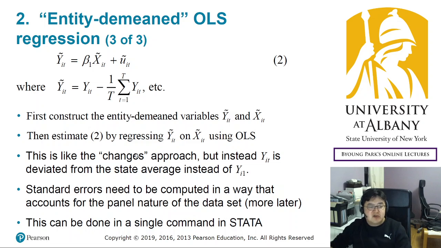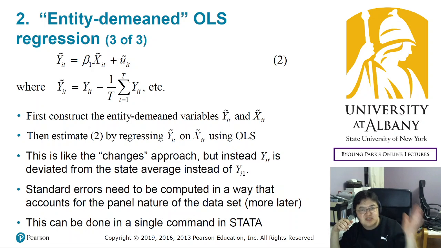This is also very similar to the changes approach. Earlier, in the last lecture, I showed you an idea to use 2 years. If you use 1982 and 1987, then you can calculate their differences. Within those years, some states may have increased their beer tax. Then, using the increase in some states, you can see how much the fatality changed over time.